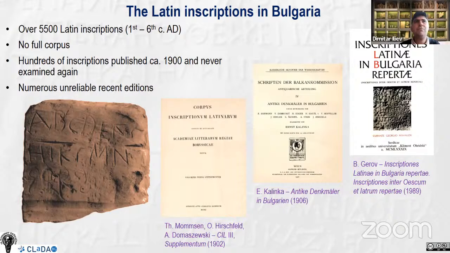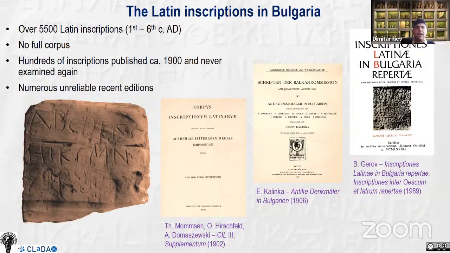The Latin inscriptions in Bulgaria are even more numerous than the Greek ones, although in a more limited territorial range. There are over 5,500 dating from the 1st to 6th century AD.